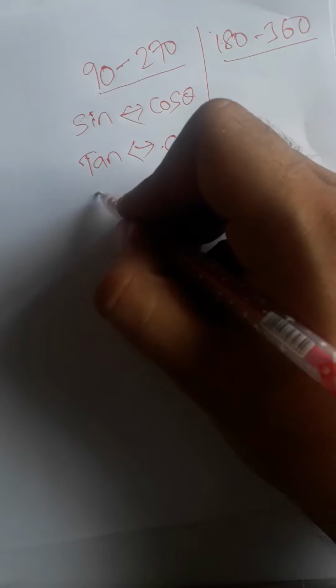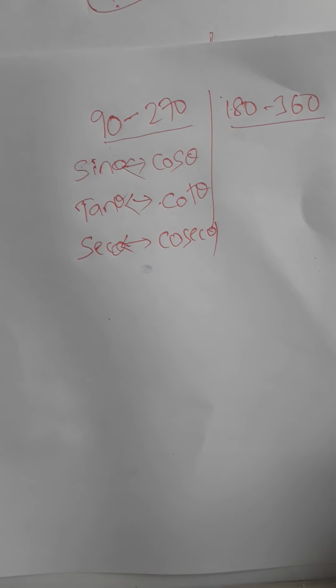In the same way, sec becomes cosec and cosec becomes sec. Understood? Sine changes to cos theta and cos changes to sine theta. Tan changes to cot theta and cot changes to tan theta. And sec changes to cosec theta and cosec changes to sec theta. In this way it changes.